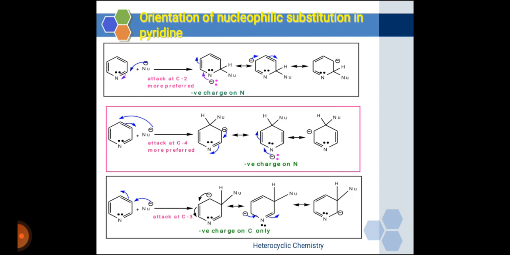But in the third reaction, nucleophilic attack at C3 is not preferred because the negative charge occurs on carbon only. So the first and the second are more preferred. That means C2 attack and C4 attack are preferred compared to C3 attack. So C2 and C4 attack are the most preferable nucleophilic substitution reactions in the pyridine molecule.